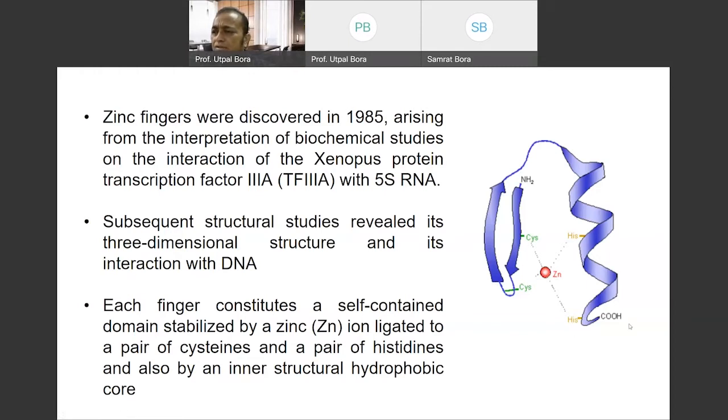It interacts with two histidine residues in the alpha helix and two cysteine residues in the beta sheet. So Cys2-His2. And it also has a hydrophobic core.